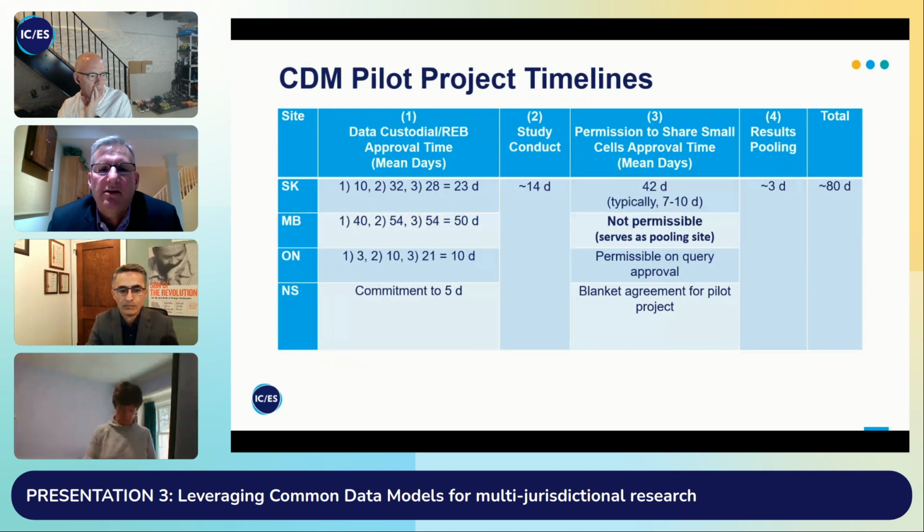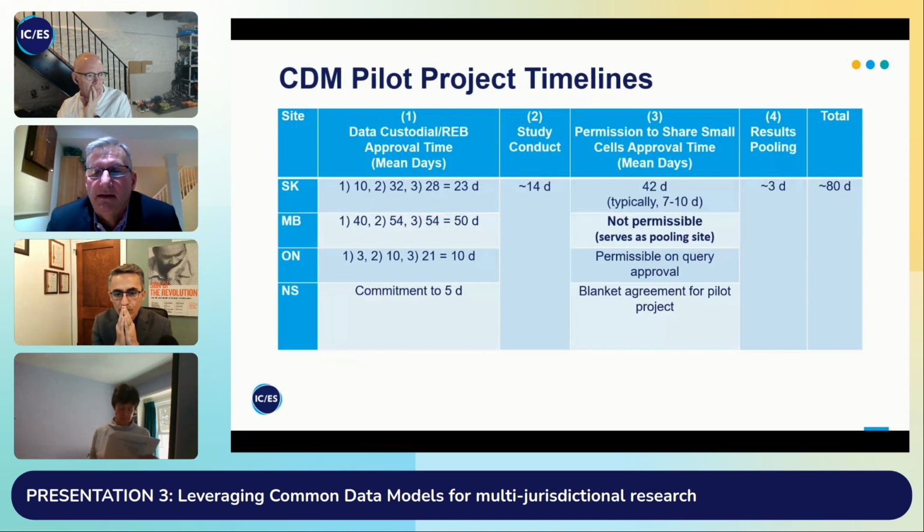The first column here lists the timelines for the data custodial and RAB approvals at each of the sites, ranging from 5 days in Nova Scotia to 50 days on average in Manitoba. It took a couple of weeks typically, once those approvals were obtained, to run the SAS packages for each of the programs.